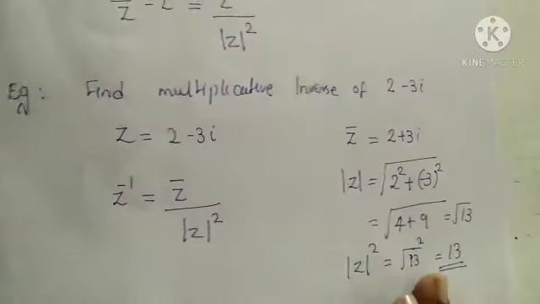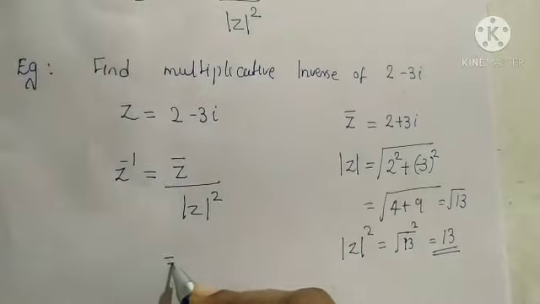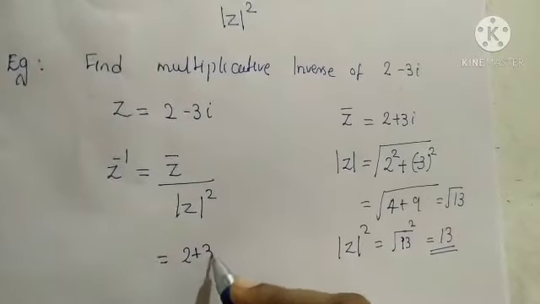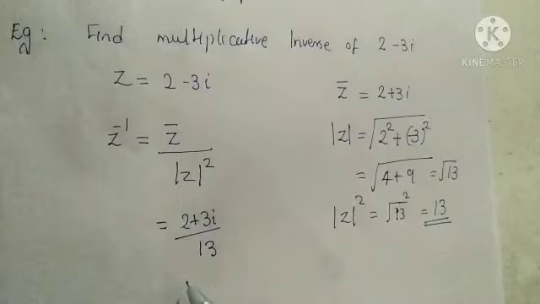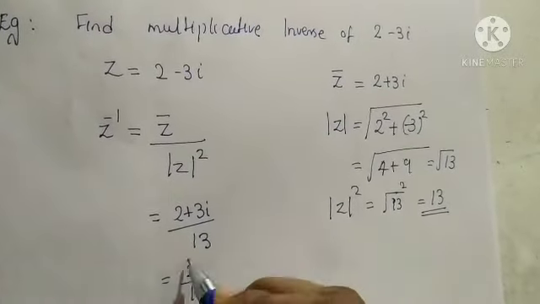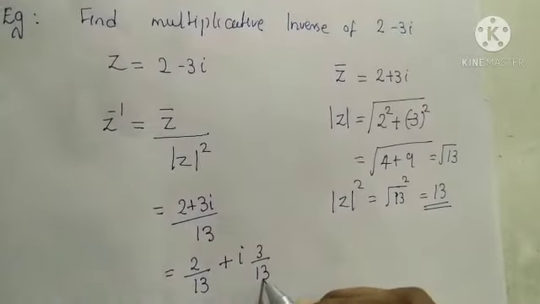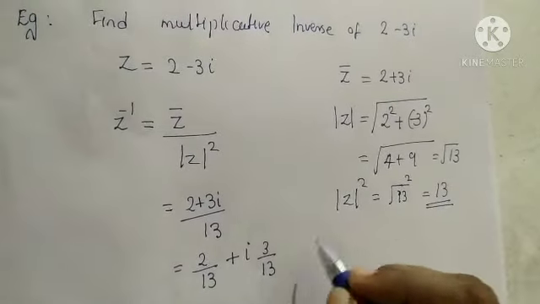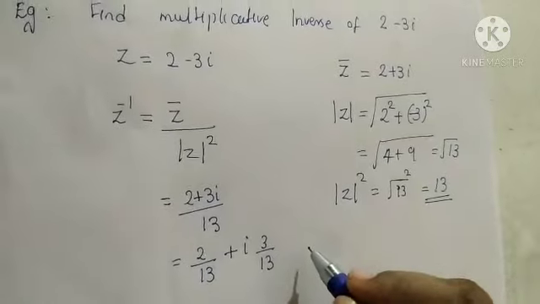Okay, so substituting the values, the multiplicative inverse is equal to 2 plus 3i divided by 13. Dividing individually, 2 by 13 is the real part plus i into 3 by 13 is the imaginary part. So this becomes a complex number.